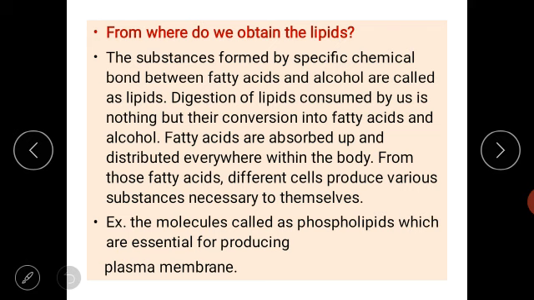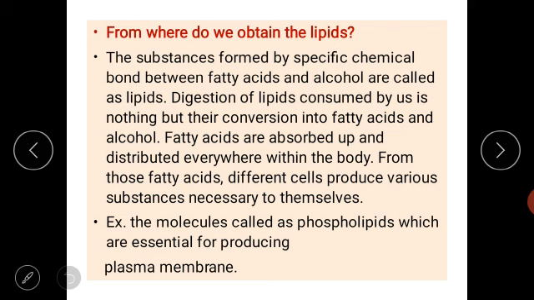It is useful for the plasma membrane of the cell, the coverings of the neuronal cell, and it also acts as a good source of energy. So that is why lipid is also necessary in the body. And how is lipid produced?